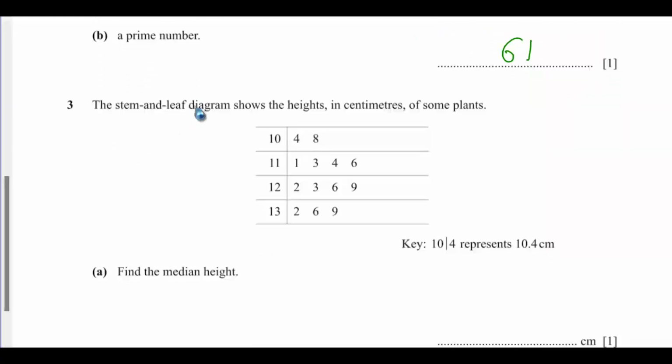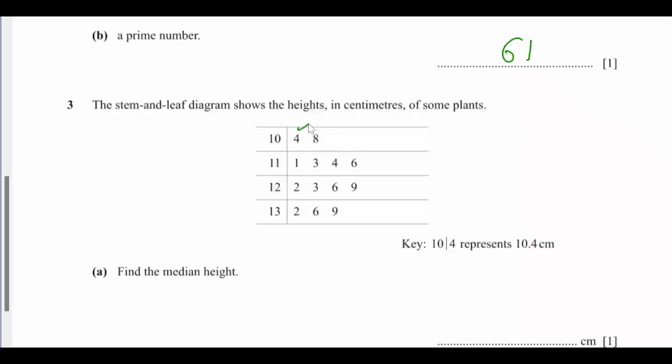The stem and leaf diagram shows the height in centimeters of some plants. If you count the numbers here, we have 1, 2, 3, 4, 5, 6, 7, 8, 9, 10, 11, 12, 13. So you have 13 numbers here, and the key is 10/4 represents 10.4 centimeters. The median height will be the 7th number.